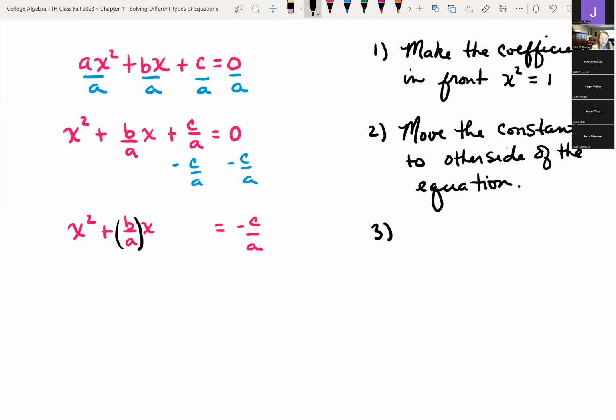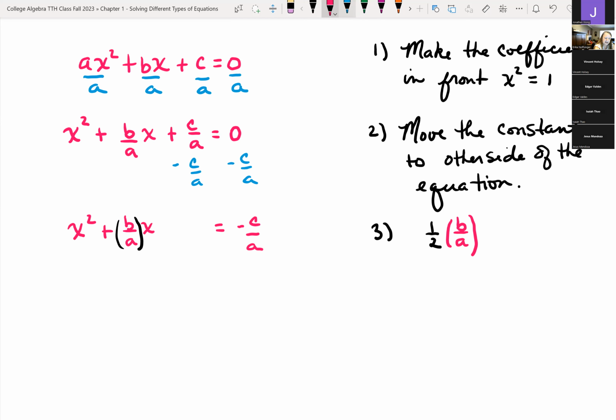And so to find that value again, you're going to look at half of the number we're trying to add. So half of, or divide by 2, but because this is a fraction, I don't want to do that. Dividing by 2 is the same thing as multiplying by 1/2. So 1/2 of b over a.